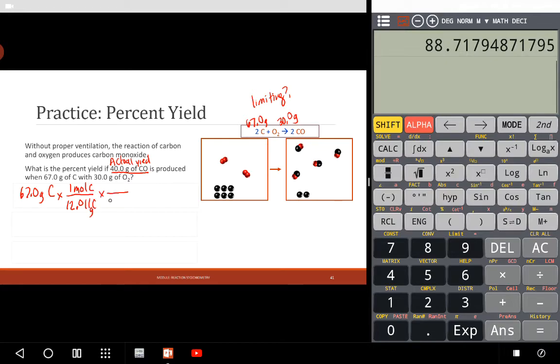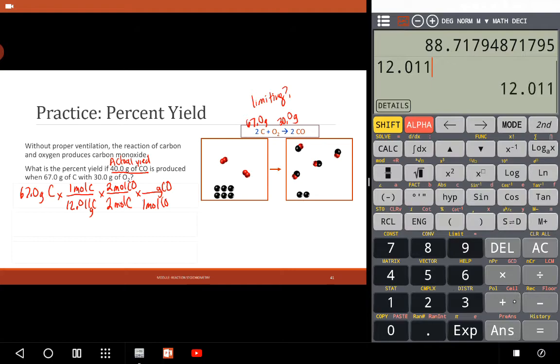And then from my balanced chemical equation, I'll use up 2 moles of carbon when I produce 2 moles of carbon monoxide. Since it's asking for masses, I might as well calculate all the way to a mass. And the molar mass of carbon monoxide is 28.01.